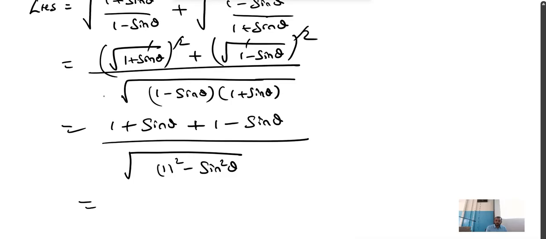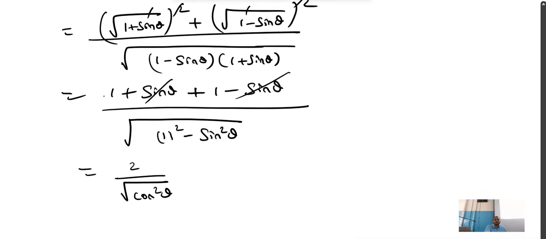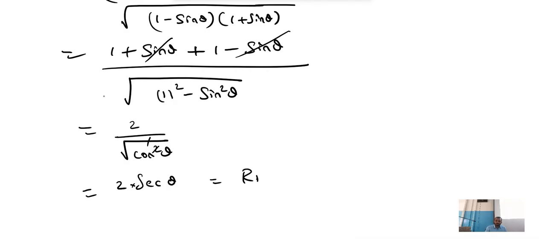Plus sin theta minus sin theta cancels. 1 plus 1 is 2, divided by root of 1 square minus sin square theta, which is cos square theta, isn't it? The square and square root cancel. 2 into 1 by cos is secant theta. Therefore LHS is equal to RHS.